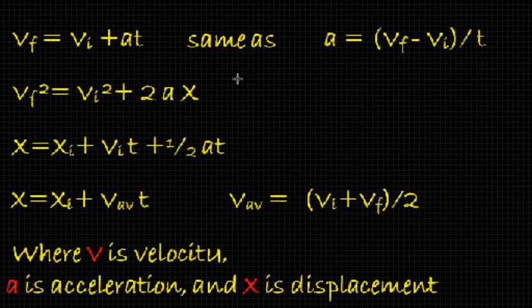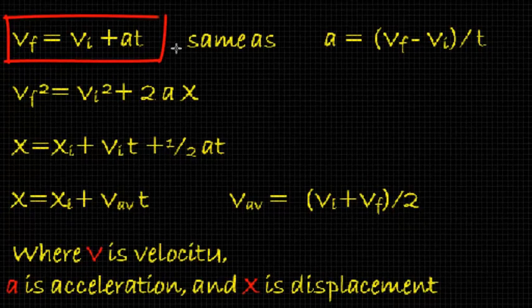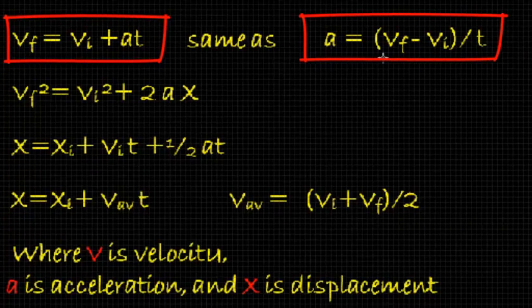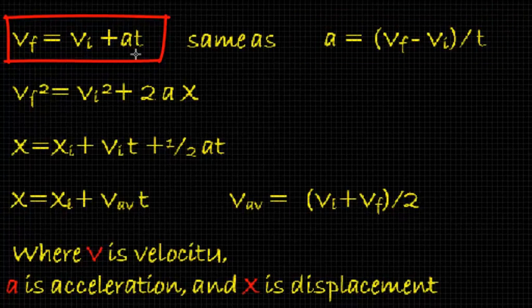These here are the equations for one-dimensional motion, and each one of those has an advantage. For example, this equation here, which is the same as this one here, has an advantage that you don't need to know distance. You don't need to know how far an object went to use it. So if you need the final velocity or the initial velocity, any one of these unknowns, you need the other 3, but you don't need distance.